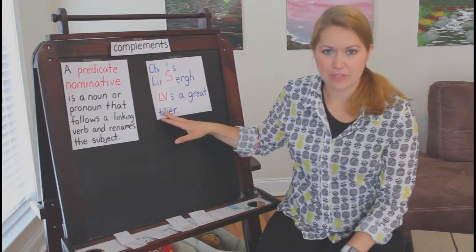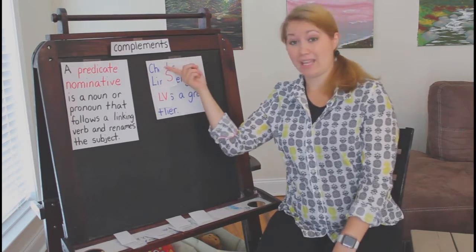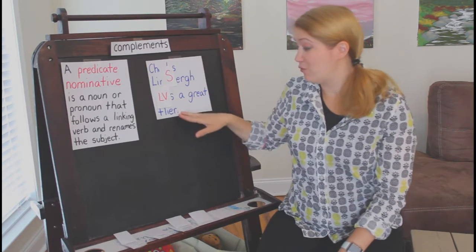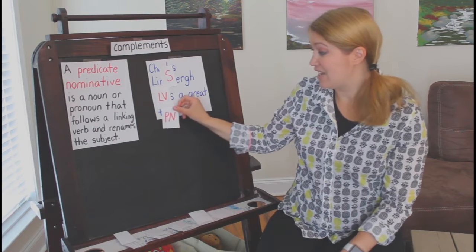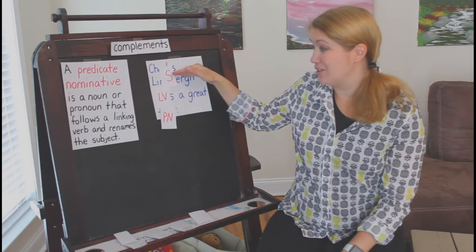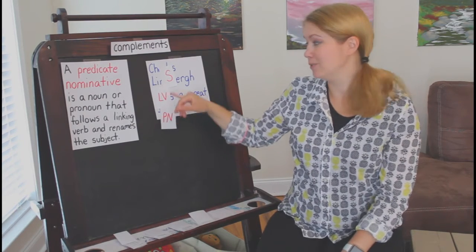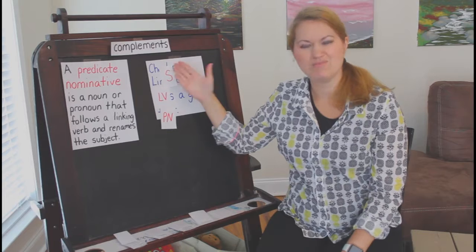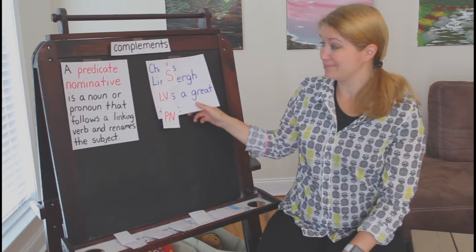Great describes flyer. So flyer is renaming Charles Lindbergh. So flyer is actually our predicate nominative in this case. Charles Lindbergh was flyer. Flyer was Charles Lindbergh. Does it make sense? Yeah. So we've got this one right.